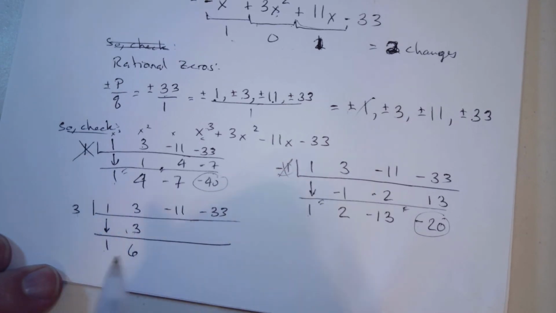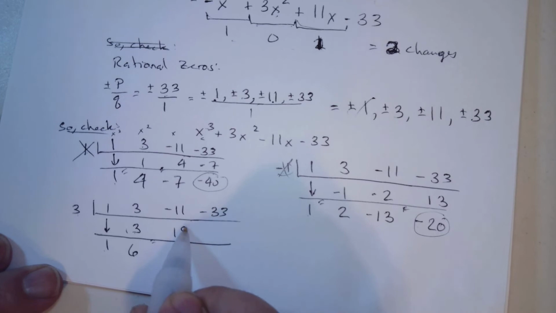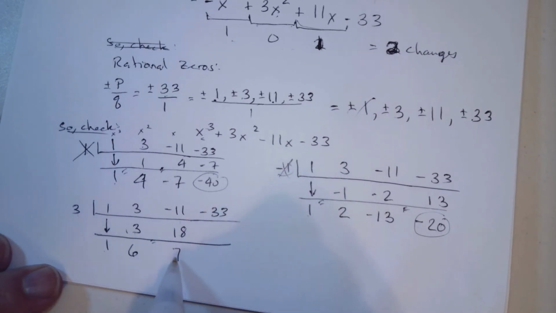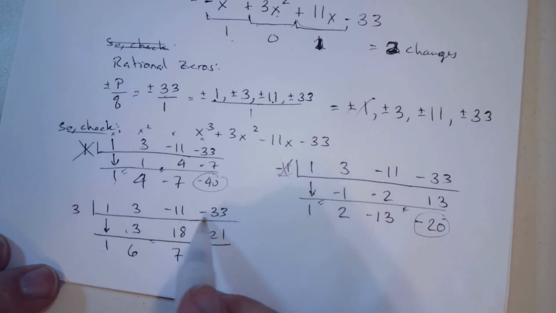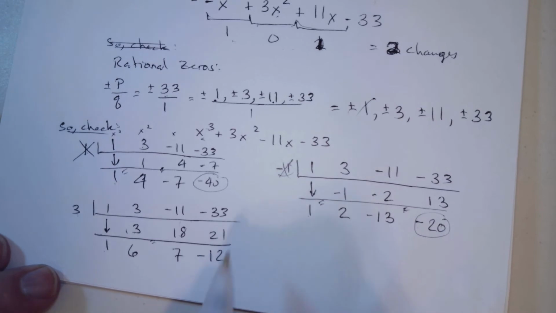Multiply. 3 times 6 equals 18. Add these. 18 minus 11 is 7. 3 times 7 is 21. Since 33 is bigger, the answer is negative. We get 12. So 3 is not the factor.